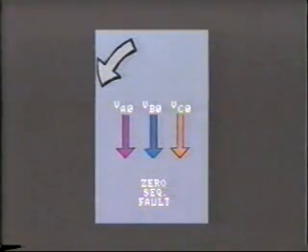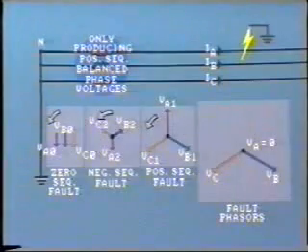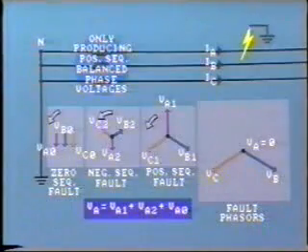In fact, these voltage components have no sequence at all. So they are called zero sequence components. To review, to get each phase voltage at the fault, we add the three components together. For example, VA equals VA1 plus VA2 plus VA0.